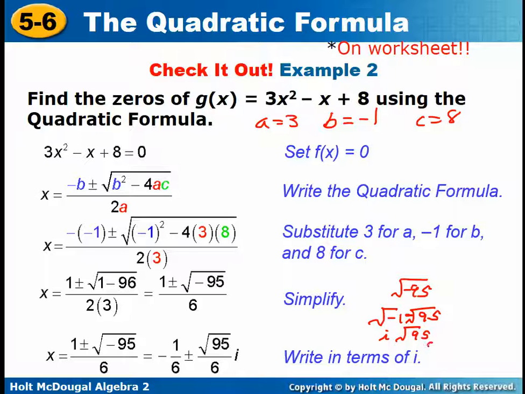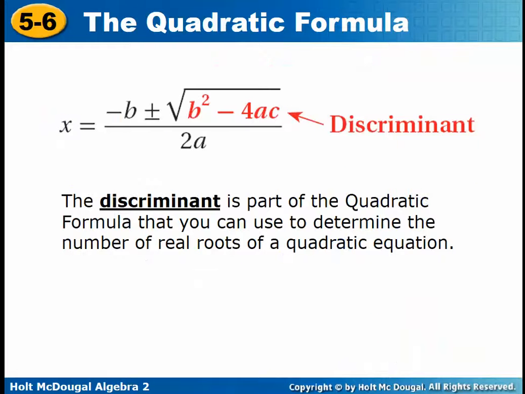So if you were typing this, you would write square root of 95, and then the multiplication symbol on the keyboard looks like an asterisk, like a star, and then your i. And then it's divided by 6. And don't forget the plus or minus as well. There are 2 answers, so you need the plus or minus.